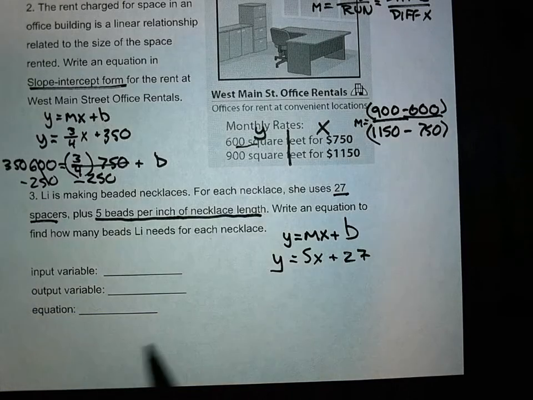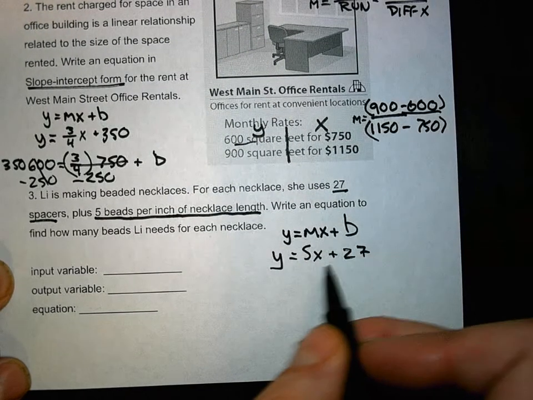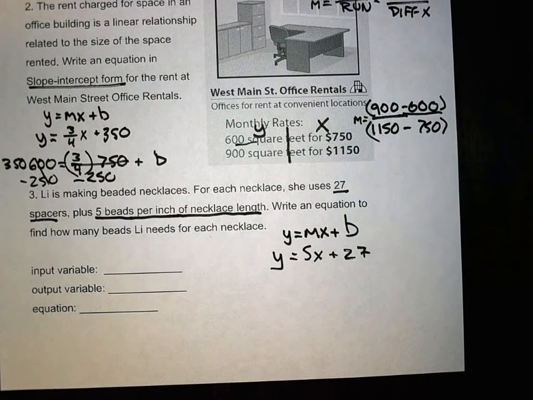And again, she's going to look at you like you're nuts. Why would you need spacers? So here's the question. We've got some variables. What's the input variable? What's the variable that you're putting into the equation? x, because it can vary. It's the number of inches, right?